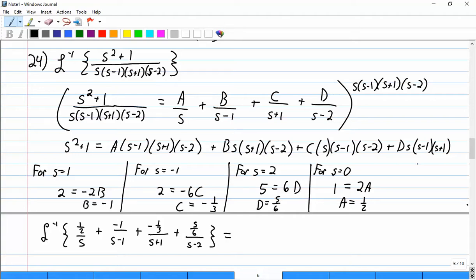So that's going to be equal to 1/2 minus e to the t, minus 1/3 e to the negative t, plus 5/6 e to the 2t.